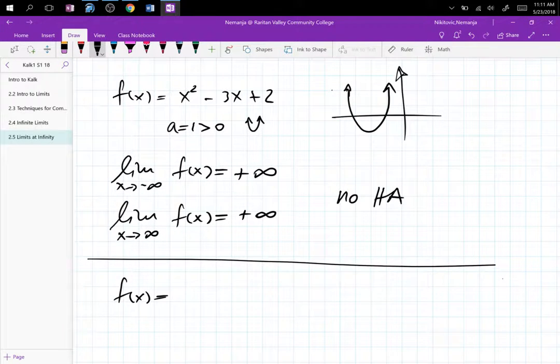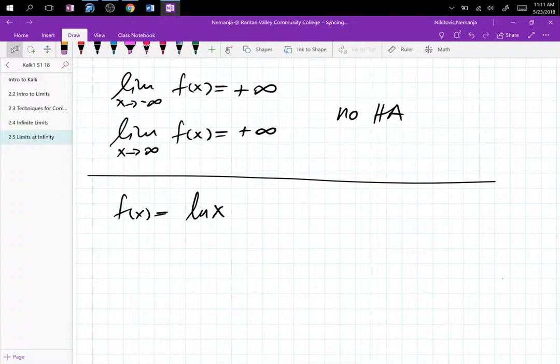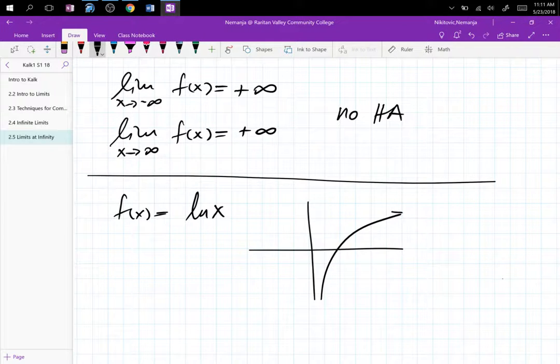f of x equals ln x. Okay, we are going to draw this. Does it even make sense to ask what is happening as x goes to negative infinity?